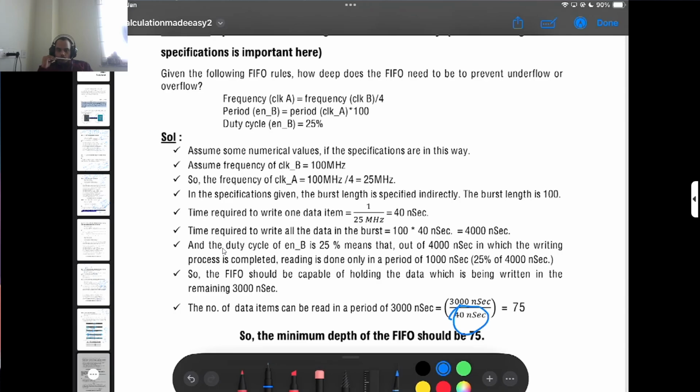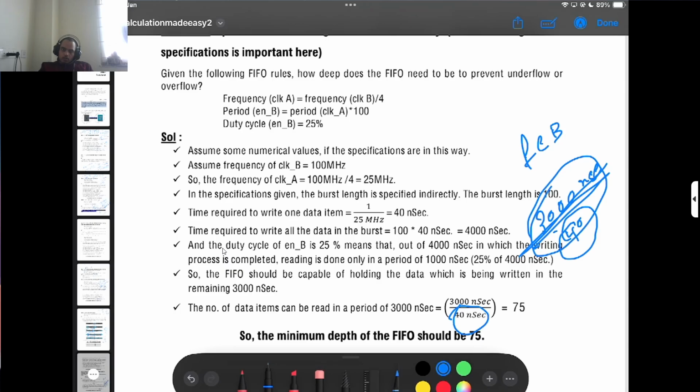The frequency of clock B is much higher than clock A. So in 3,000 nanosecond, 40 nanosecond data is sent, and in 40 nanosecond the data is sent, so 75 data will be read.